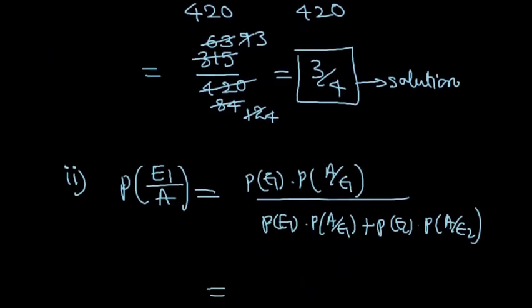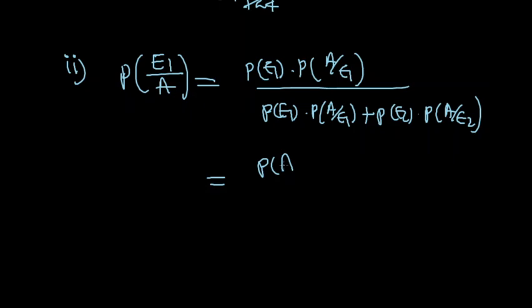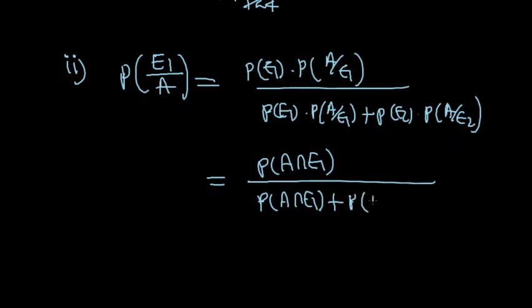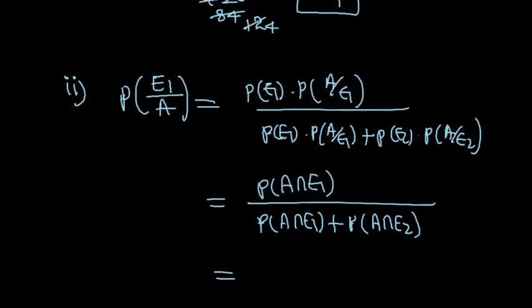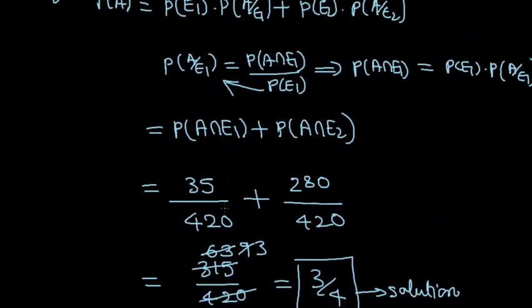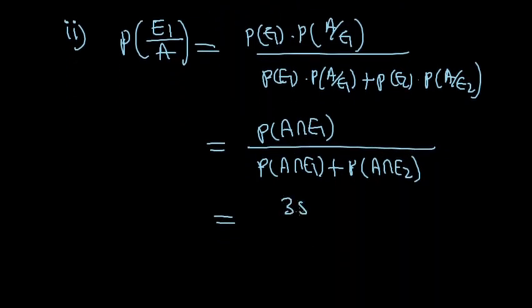So we can write P of A intersection E1 divided by P of A intersection E1 plus P of A intersection E2. P of A intersection E1 is 35 by 420.